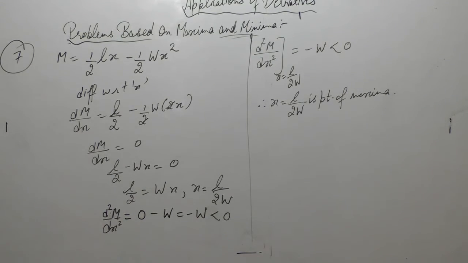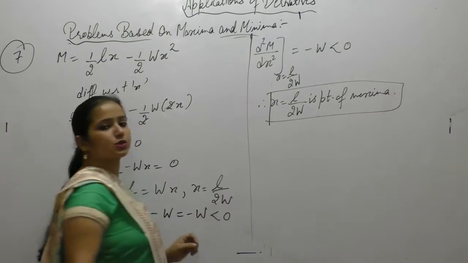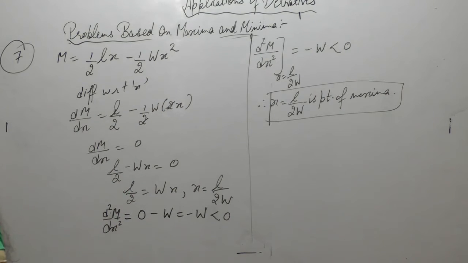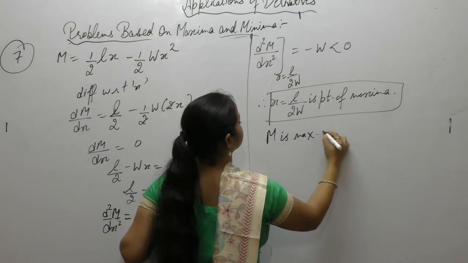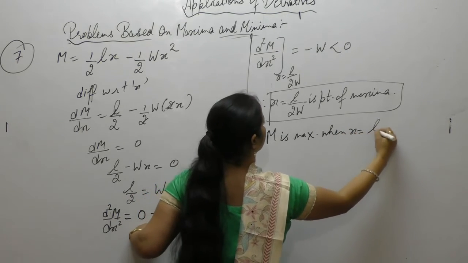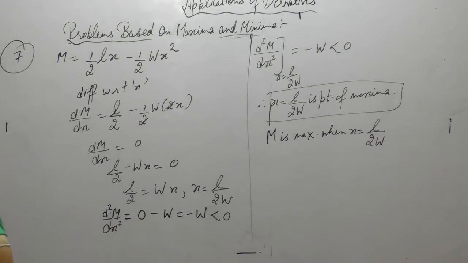We have to find the point at which it is maximum. So at x equals L upon 2W, M is maximum. Clear?